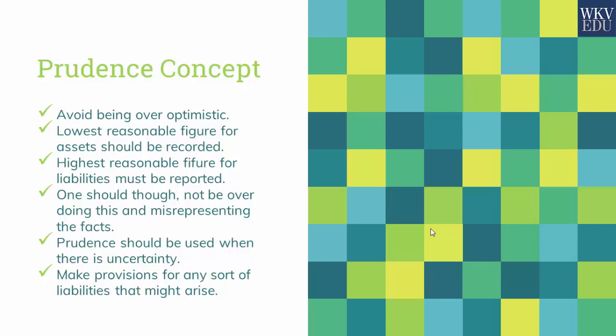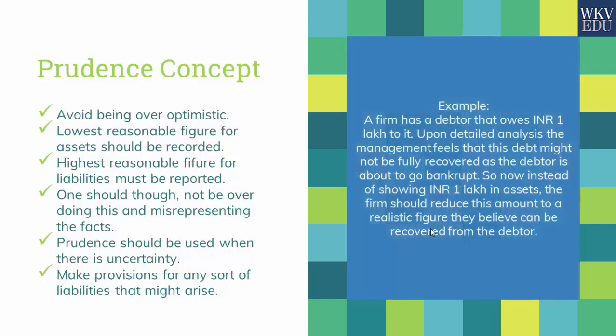So for example, if the firm has a debtor that owes 1 lakh rupees to it, and upon detailed analysis the management feels that this debt might not be fully recovered as the debtor is going to go bankrupt. So now instead of showing rupees 1 lakh in the assets, the firm should reduce this amount to a realistic figure that they believe can be recovered from the debtor.